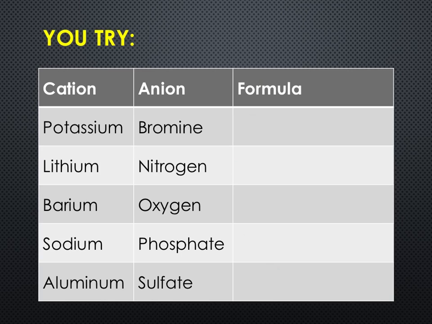It should be there, or look at the other sheet that I gave you for the polyatomic ions. Once you get that, you should be able to do this whole thing without any problem. So when you're ready, stop the video, work the problems, and restart the video when you want the answers. So stop the video now.